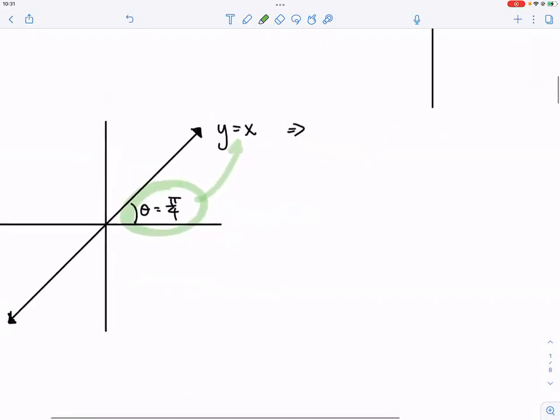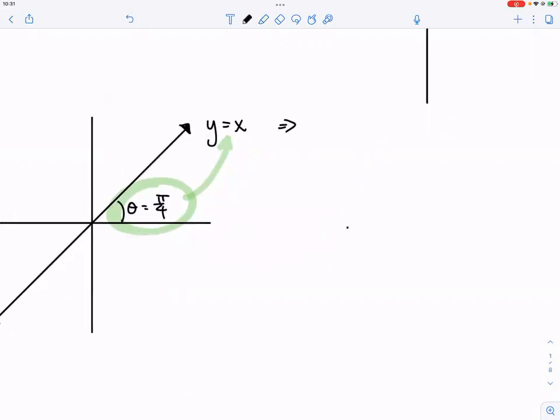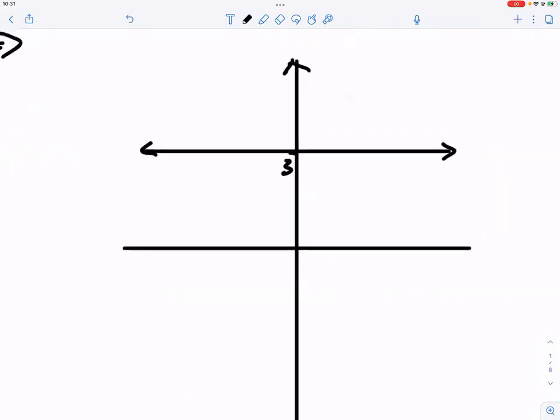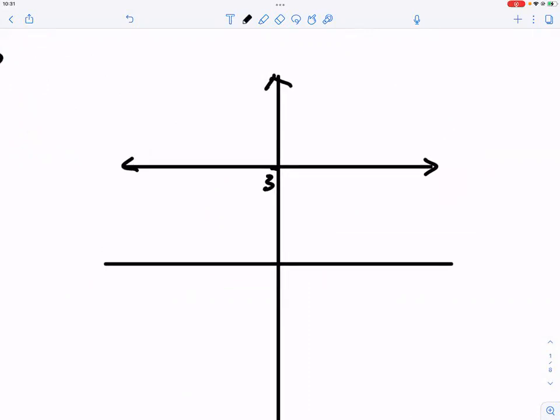To give you a better perspective, let me give you a similar example. If I draw a horizontal line right here, and this is y equals 3, how come there's no x in this equation?